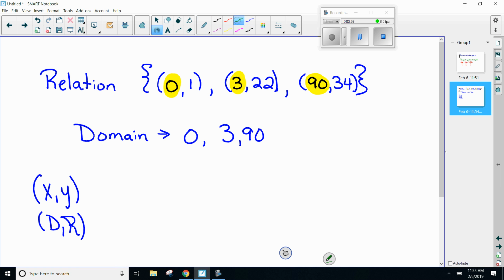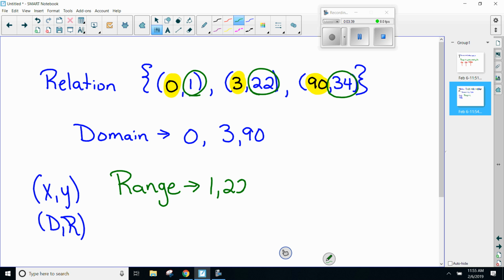If you want to talk about the range, we can look at the range, which means the y values, which are going to be 1, 22, and 34. That's the only thing. When you see that word domain, when you see the word range, don't sweat it. Something easy. X and Y values.